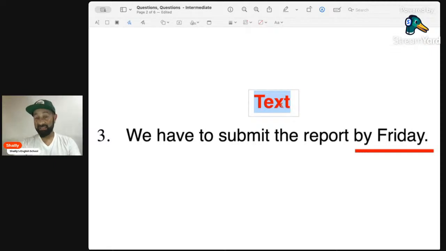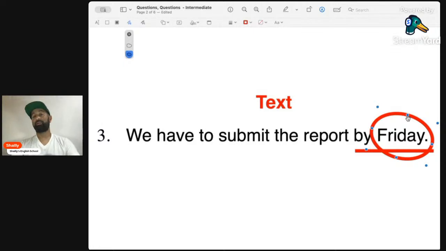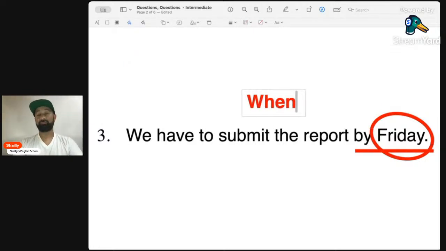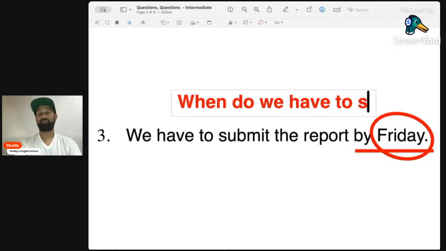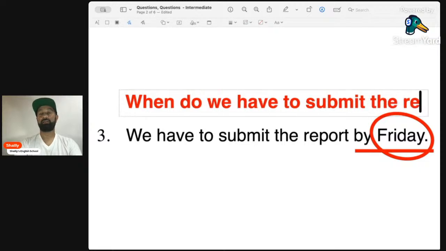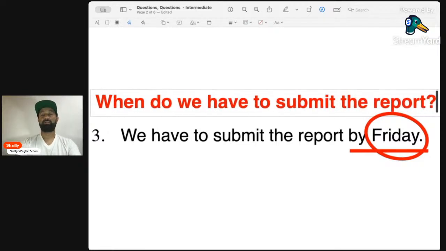Friday is a day. Whenever we're talking about a day or a time or a month, my question is going to be when. So, when do we have to submit the report? We have to submit the report by Friday.